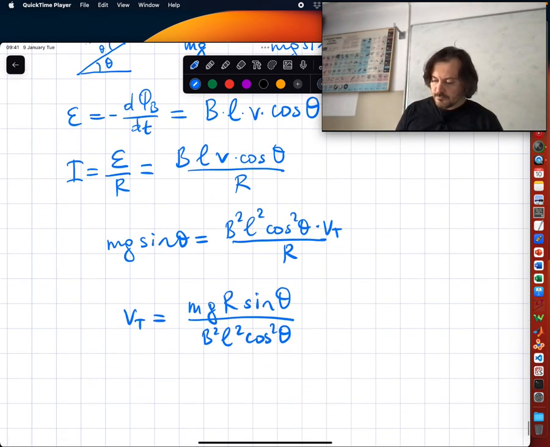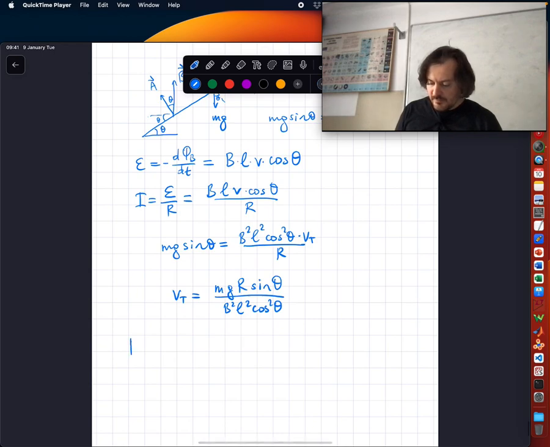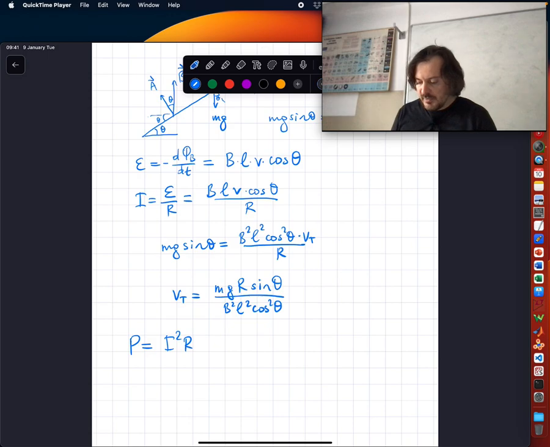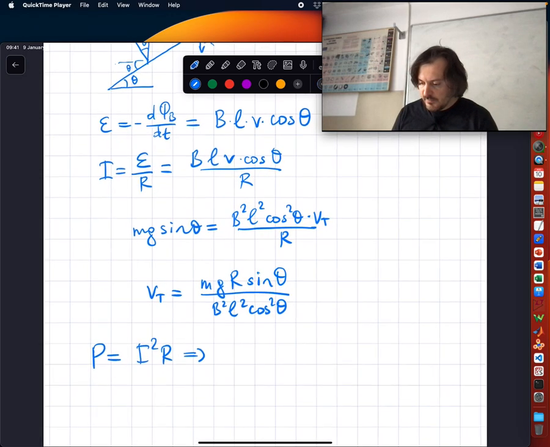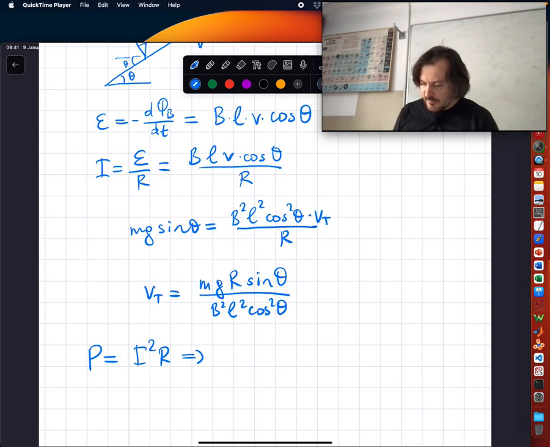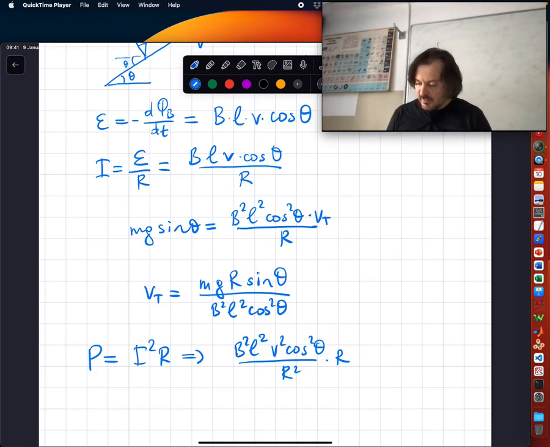Exactly. P is I squared R, and we know what I is, right? So we can just write it as B squared L squared V squared cosine squared theta over R squared times R. But then we need to put in here the terminal velocity expression.